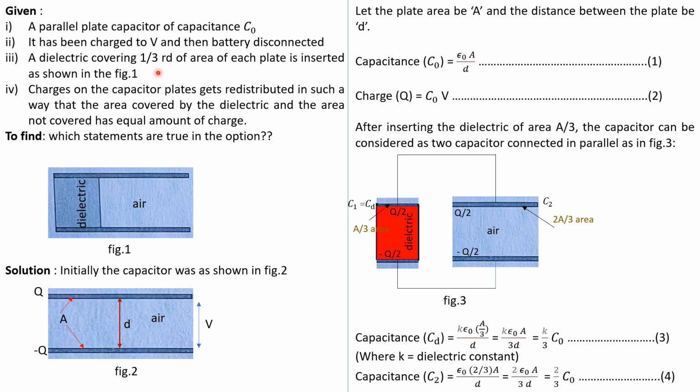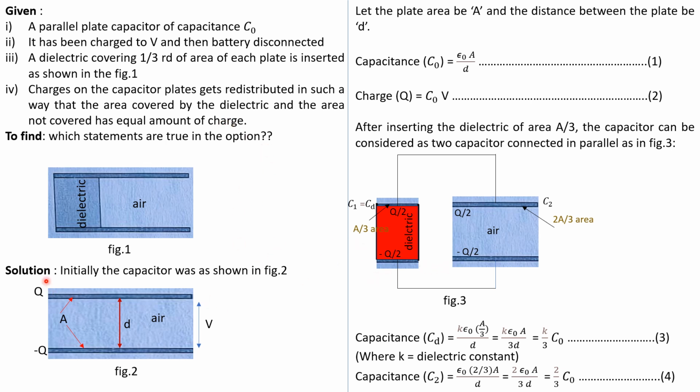A dielectric covering one-third of area of each plate is inserted as shown in figure 1. So this is the dielectric which has been inserted here, and this plate area is A by 3. If the total area is A, then one-third of the area, A by 3, is this area. Charges on the capacitor get redistributed in such a way that the area covered by the dielectric and the area not covered have equal amount of charge.